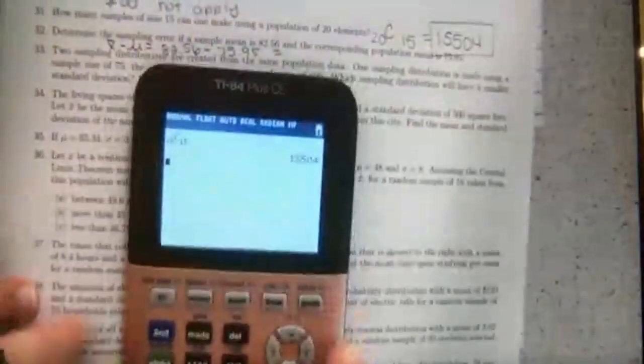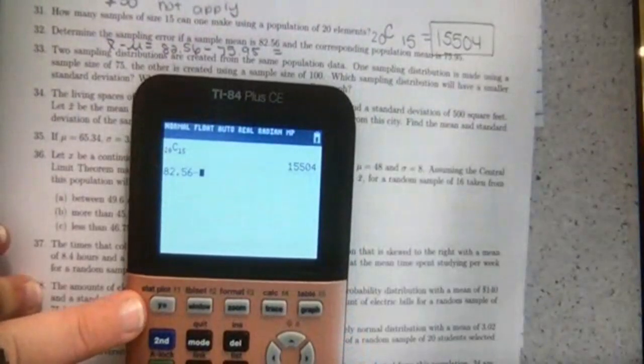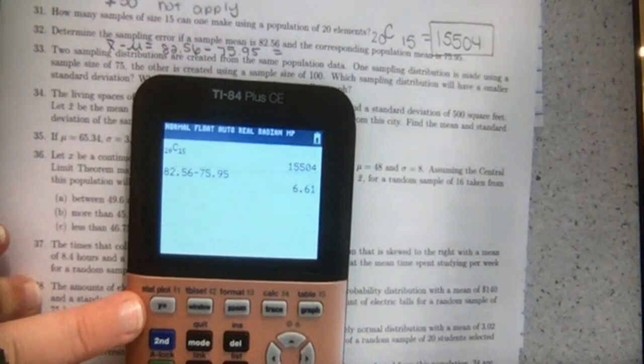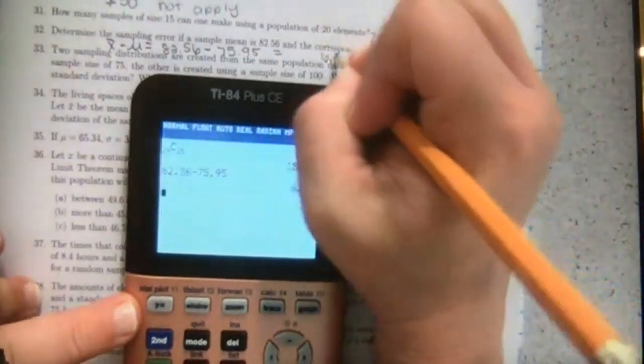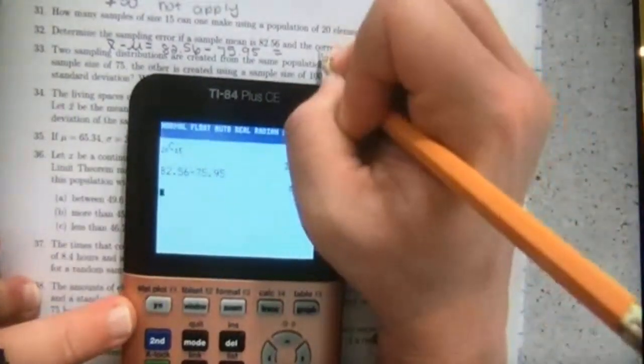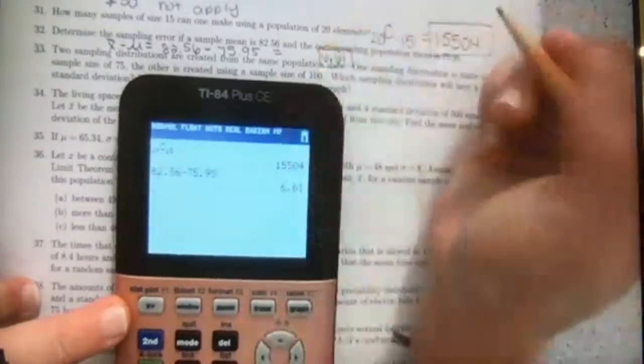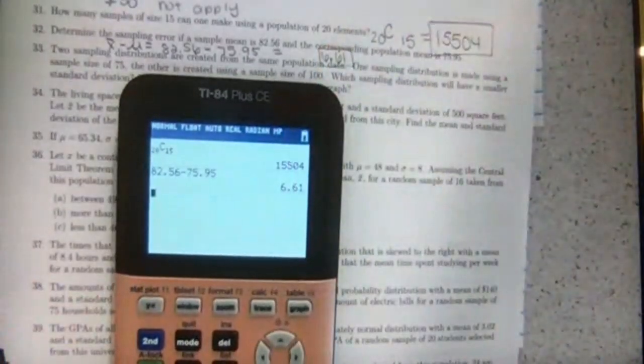Your x bar is your sample mean, 82.56, minus your population mean, 75.95. That gives us our error of 6.61. Sampling error, like we talked about in the vocabulary section, just means to subtract the two.